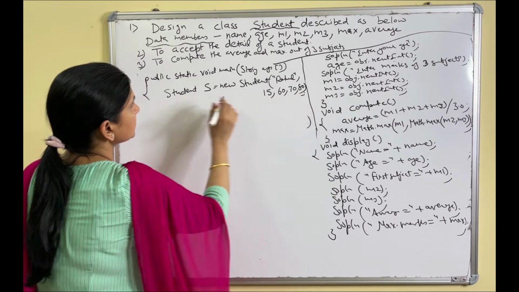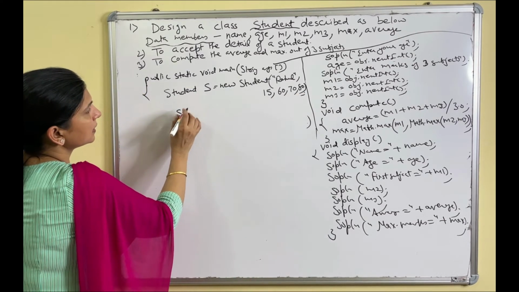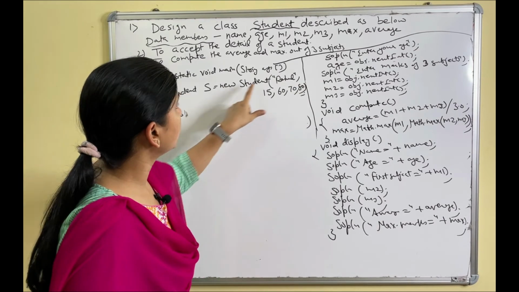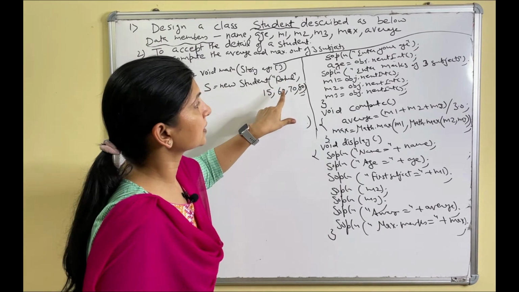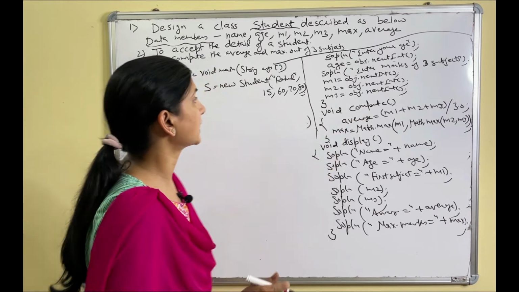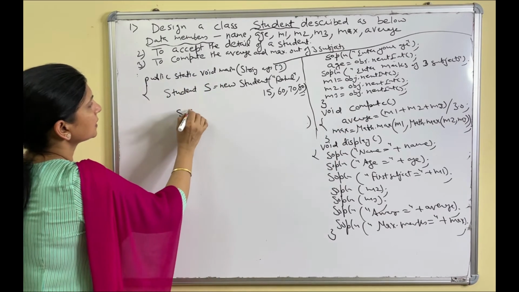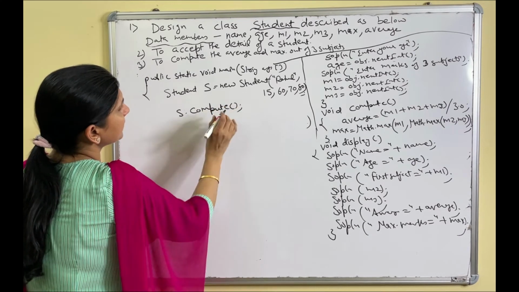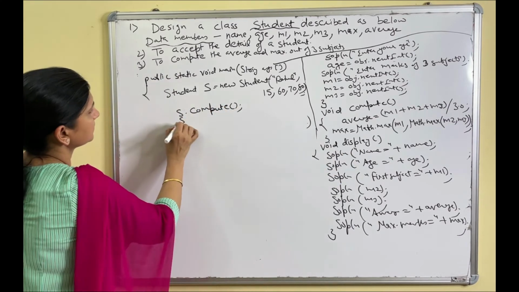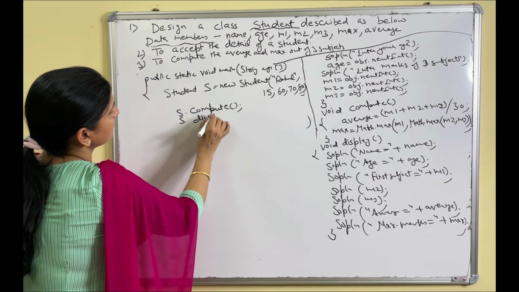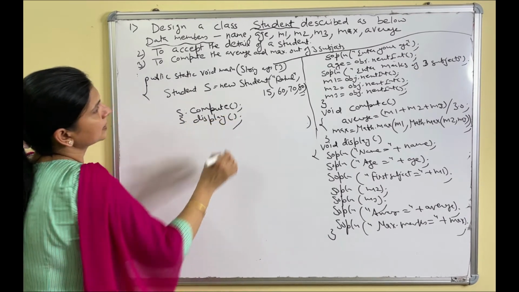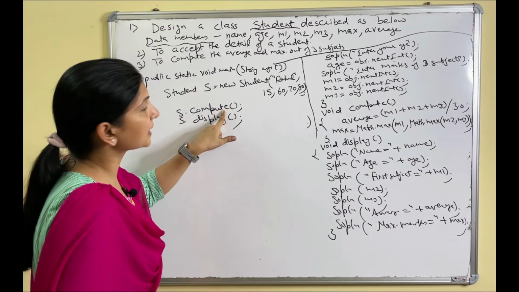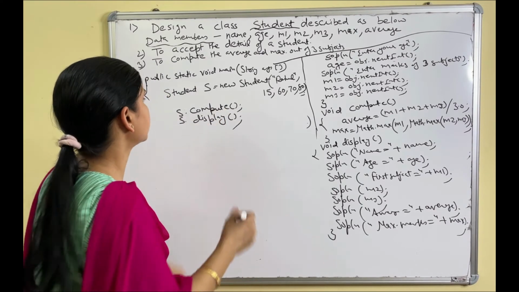Then with this object we will invoke what? After invoking the parameterized constructor, we need to compute that, right? So s.compute, and then s.display. Fine. So whatever information we have passed here will be computed in the compute method, and then it will be displayed.